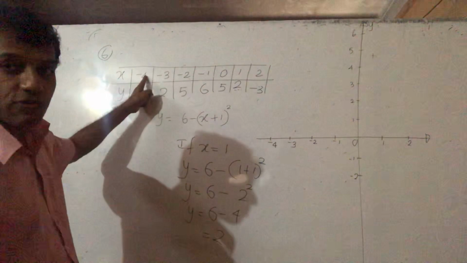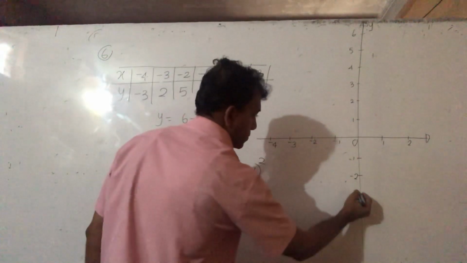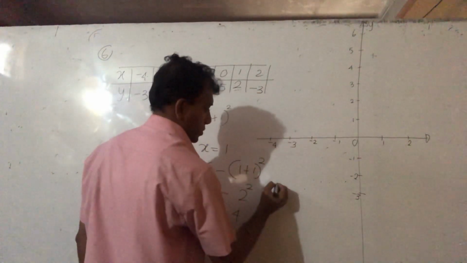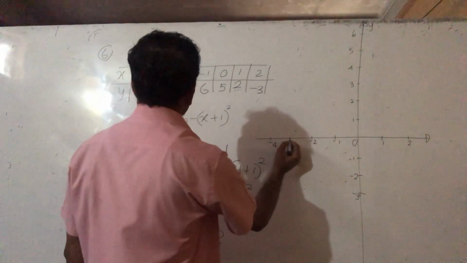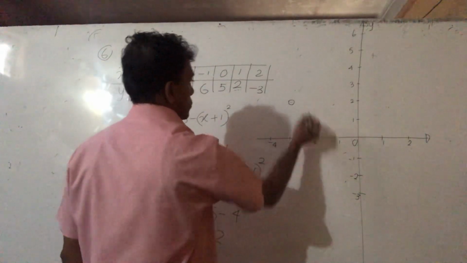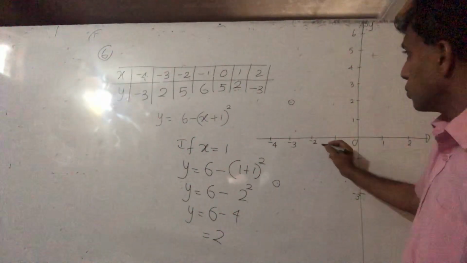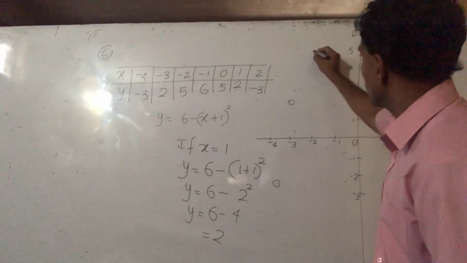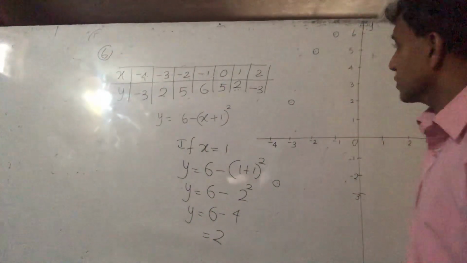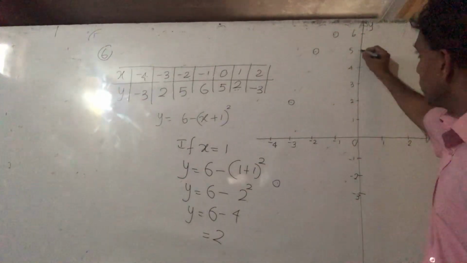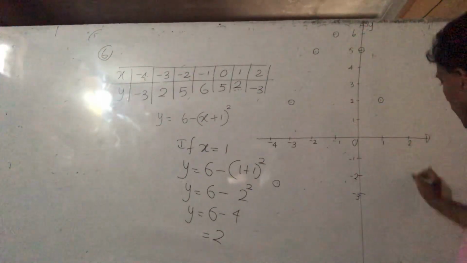So at x minus 4, y minus 3; x minus 3, y 2; x minus 2, y 5; x minus 1, y 6; x 0, y 5; x 1, y 2; x 2, y minus 3.